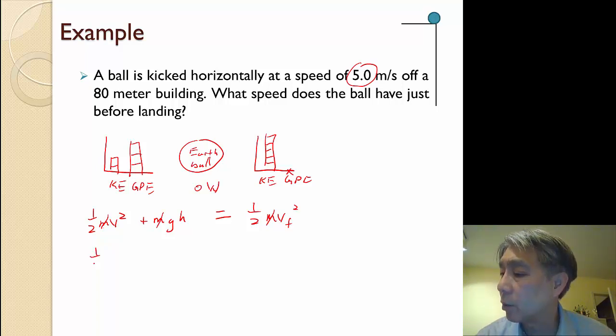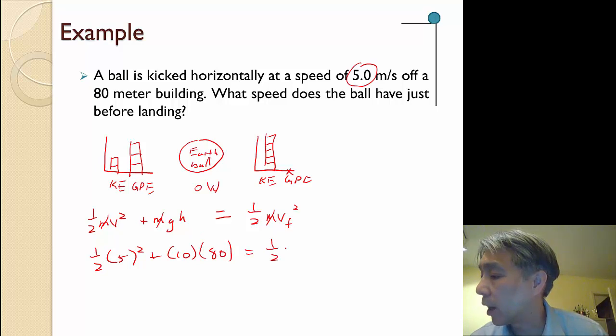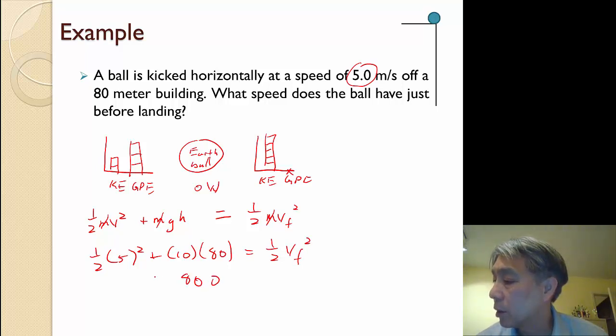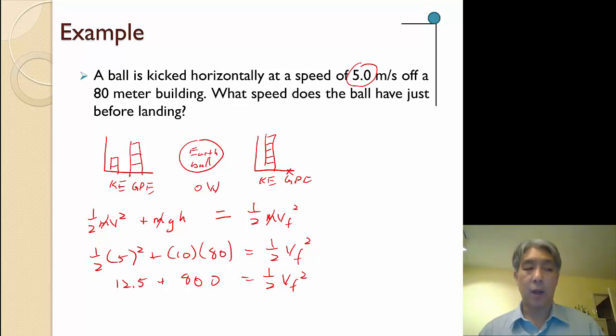So I can now stick in 1/2 times 5 squared, because that was my initial. g I'll use as 10. h is 80. And that's going to equal 1/2 v final squared, because that's what I'm looking for. So this becomes 800 plus 12.5 equals 1/2 v final squared. And when I plug this into my calculator, I'll get a nice number. Let's see.